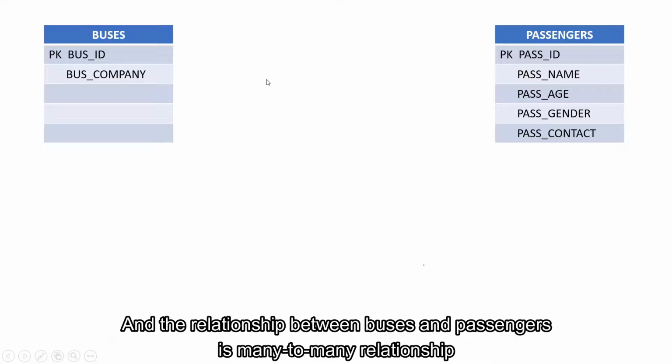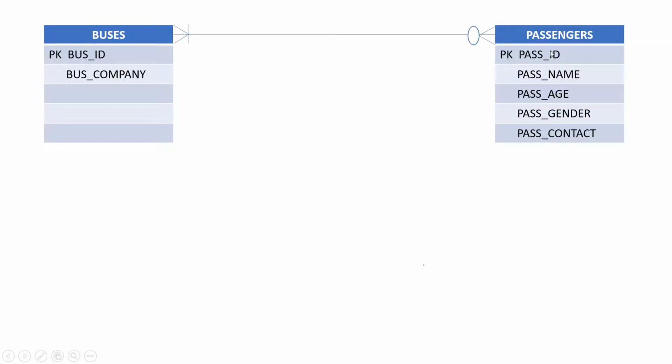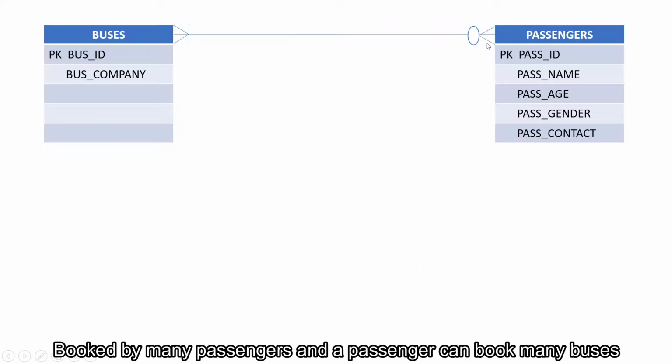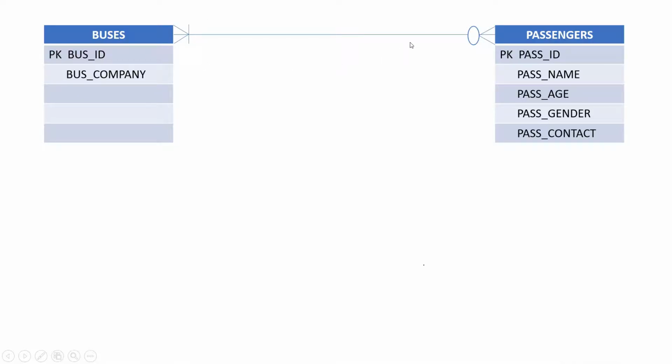The relationship between buses and passengers is a many-to-many relationship. Buses may be booked by many passengers, and passengers can book many buses.